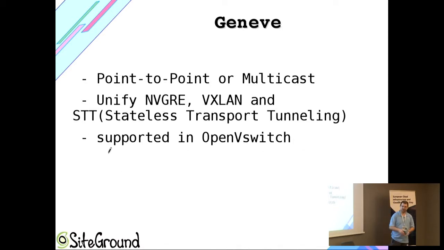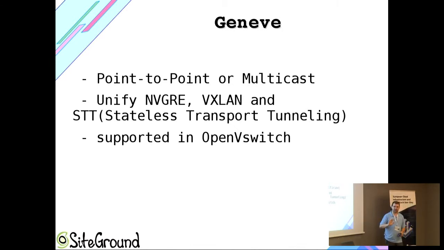The other solutions are things like Geneve. Geneve, the idea there is to have the same thing like VXLAN and NVGRE, but to be unified. So Geneve should support the VXLAN header, the NVGRE header, and also stateless transport tunneling headers. It's supported by Open vSwitch.